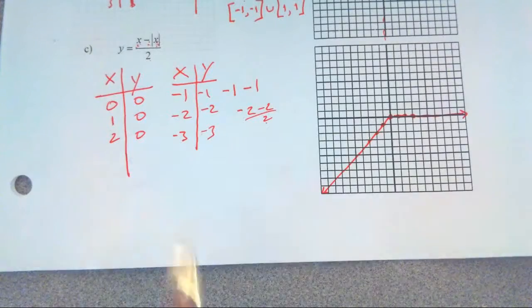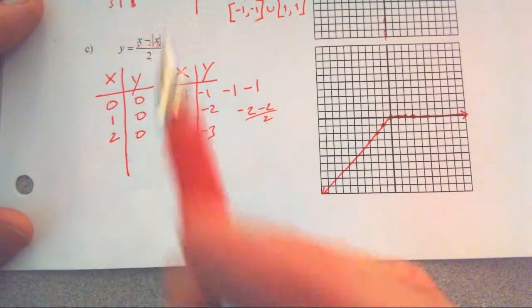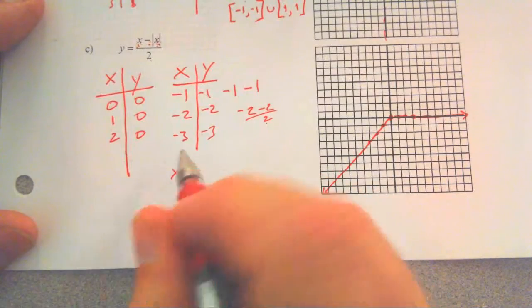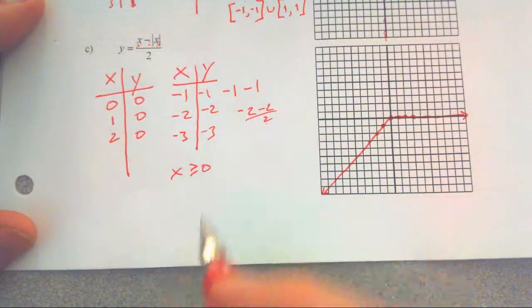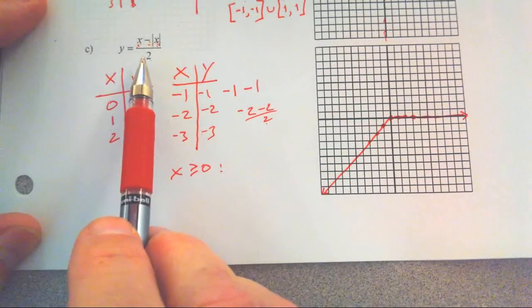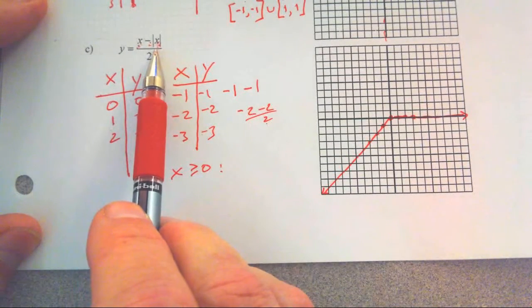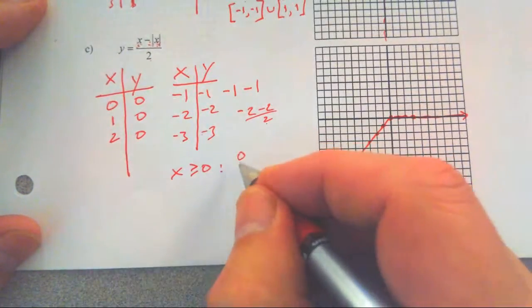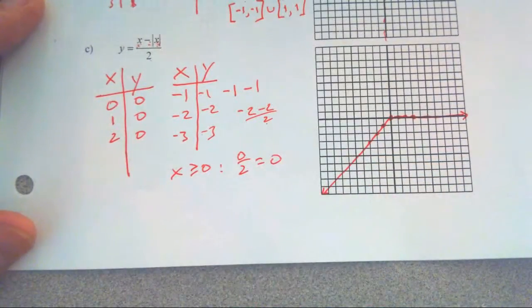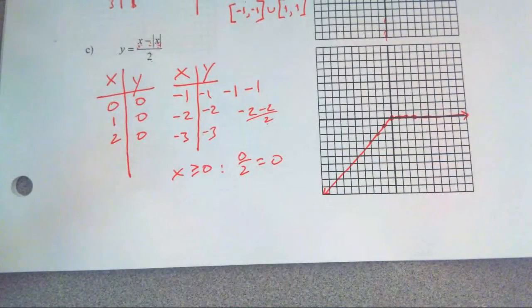Let's take a look at this thing just for a second. I'm going to try to write this as a piecewise. Watch this. If x is greater than or equal to 0, isn't it clear the absolute value doesn't matter? If x is greater than or equal to 0, the absolute value doesn't matter, and I get x minus x on 2. I get 0 on 2 or 0. Right?